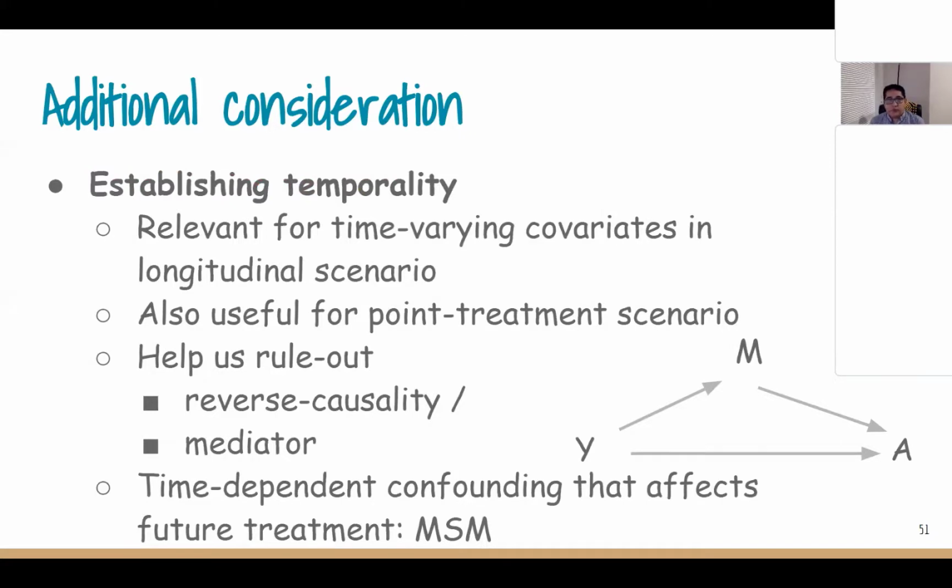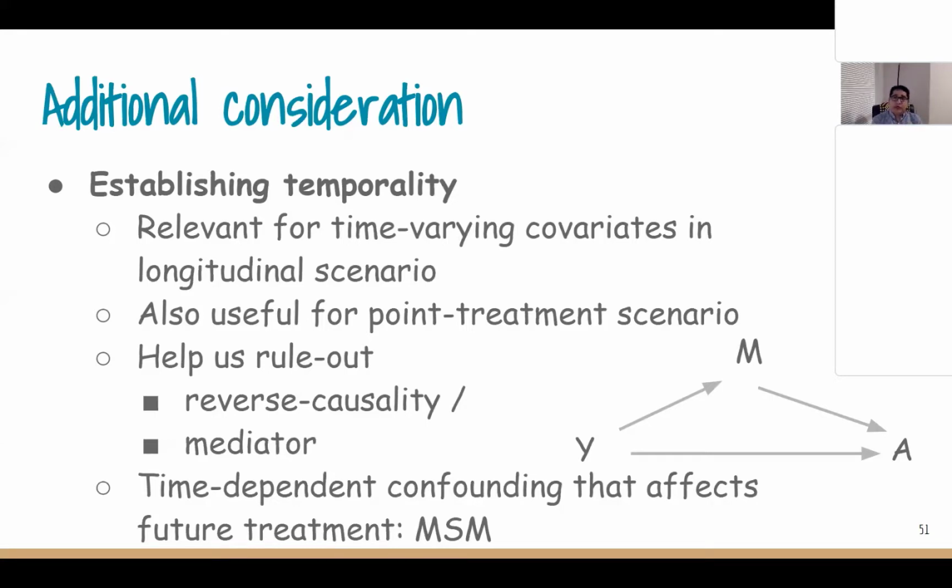All right. So when we are talking about mediator, one of the things that is very important is to establish the temporality. Are you familiar with the Bradford-Hill criteria? I think whoever is interested in causal inference, that should be the first thing they should read, because it gives you how many, 7 or 9 criteria.